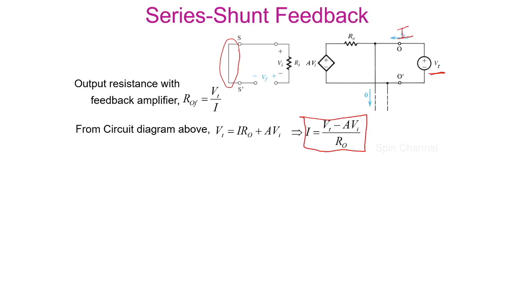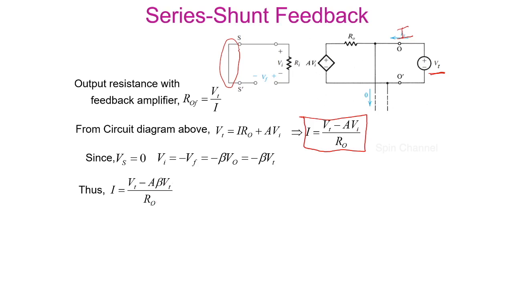Since Vs is equal to 0 here, Vi can be written as minus Vf, that is equal to minus beta into V0, that is equal to minus beta Vt, as V0 is equal to Vt in this circuit. So the previous current expression can be written, on replacing the value of Vi, as I equal to (Vt plus A into beta into Vt) divided by R0.